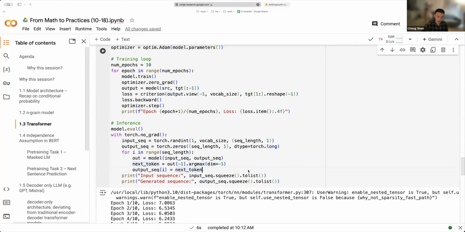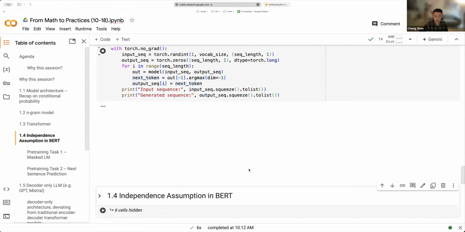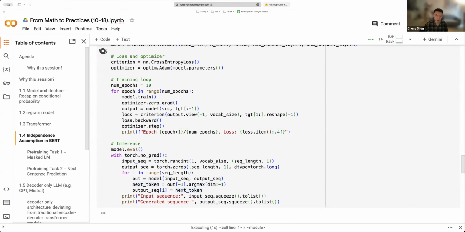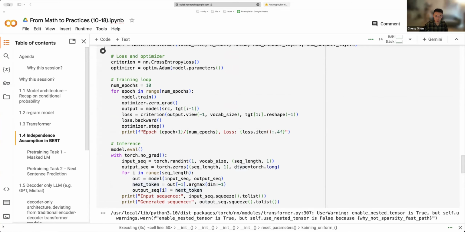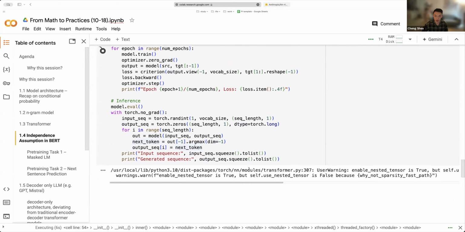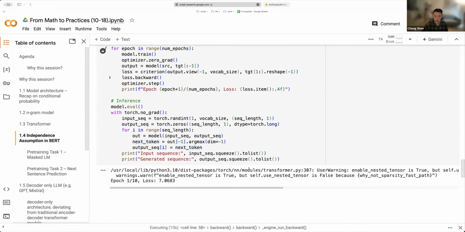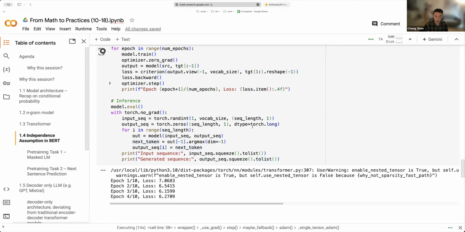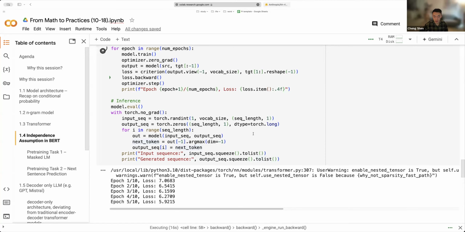But at the bottom of this, it's still an autoregressive model. It's still the conditional dependency that one token depends on all the previous tokens, and as a language model, it is trained with the maximum likelihood method.